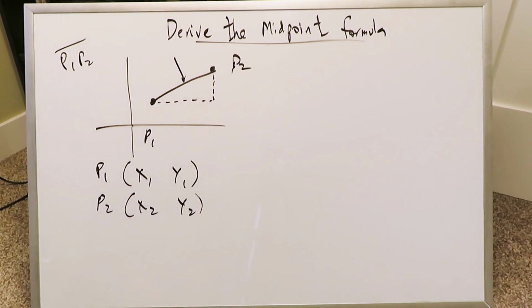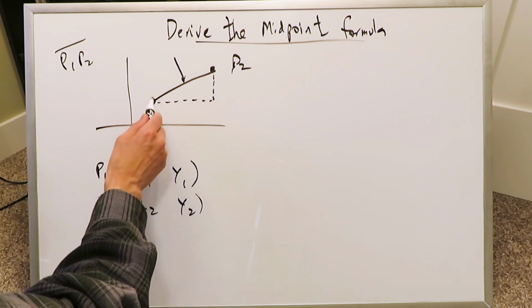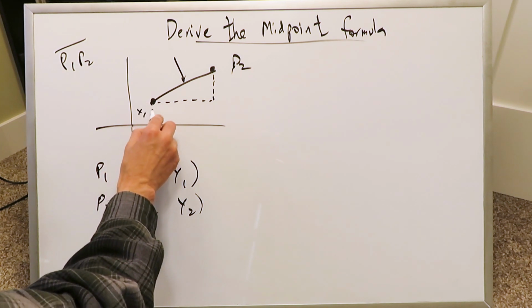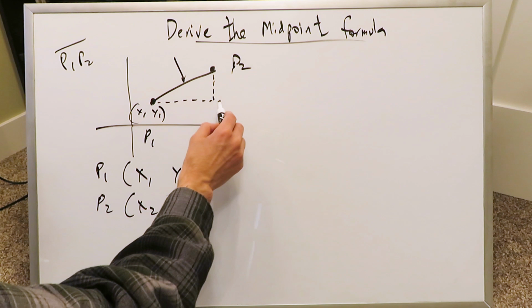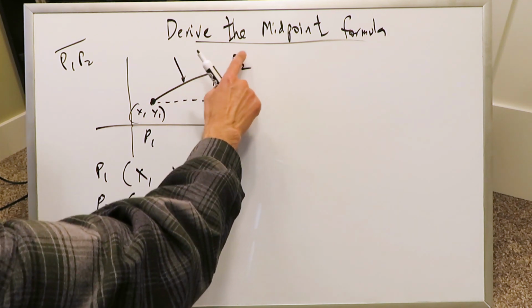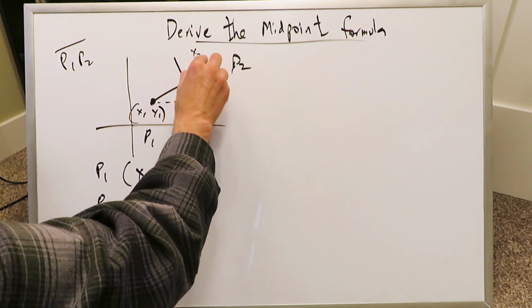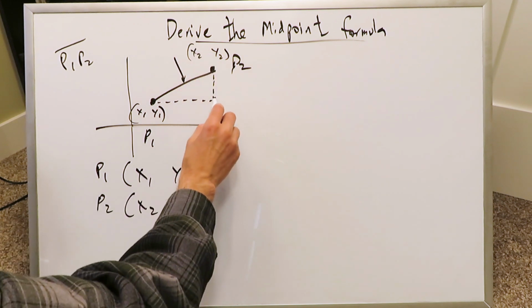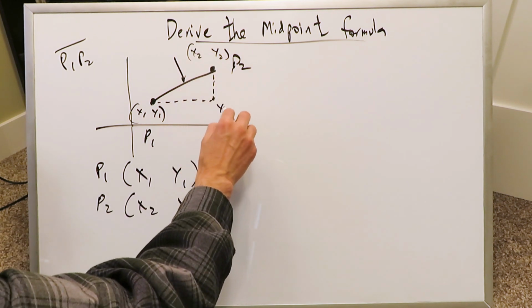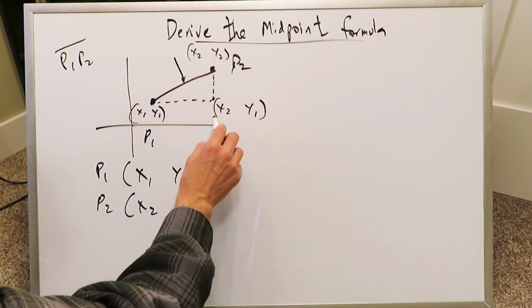Now you're going to examine the horizontal and the vertical line separately. Look at the value over here. You've got an x1 and y1. Here, for this value right here, you have an x2 and a y2. What must be the point over here? It must be x2 and y1. Think about it.